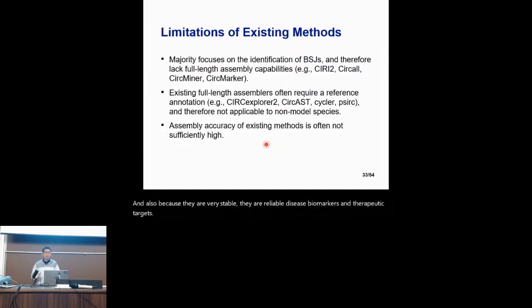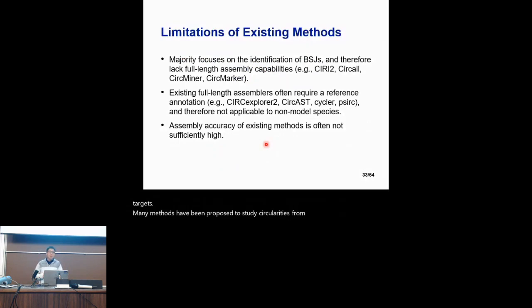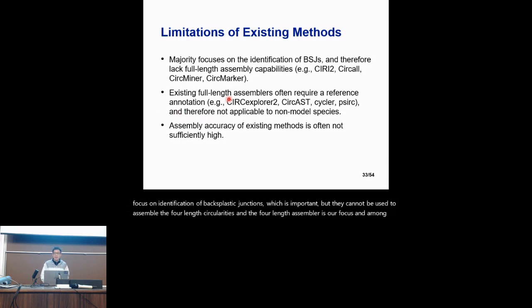Many methods have been proposed to study circular RNAs from RNA-seq data, but most of them focus on the identification of back-splicing junctions, which is important, but they cannot be used to assemble the full-length circular RNAs. And the full-length assembler is our focus. Among those full-length assemblers, they often require a reference annotation.